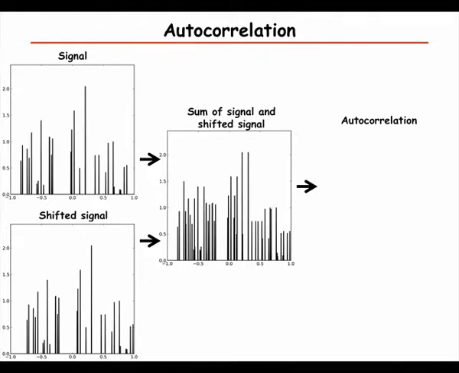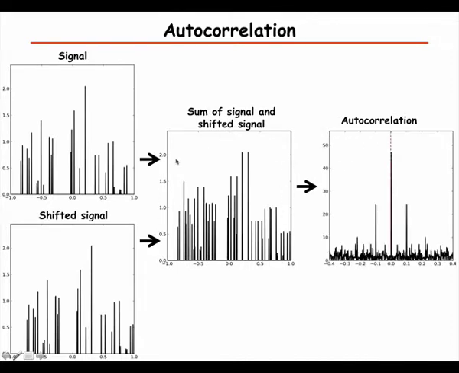So now autocorrelation. We're going to take the signal and shift the signal, and then we're going to add these two up, and then calculate the autocorrelation. And what we get then, since it's an autocorrelation function, is that we always get a large peak at 0.